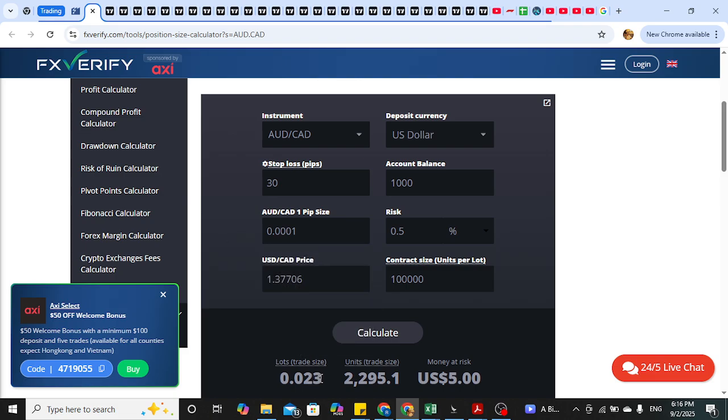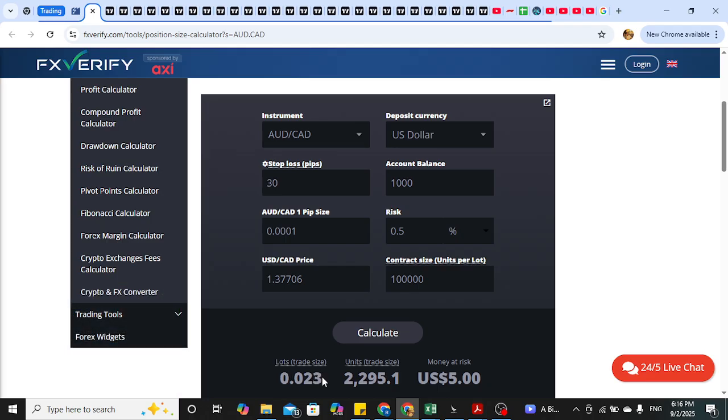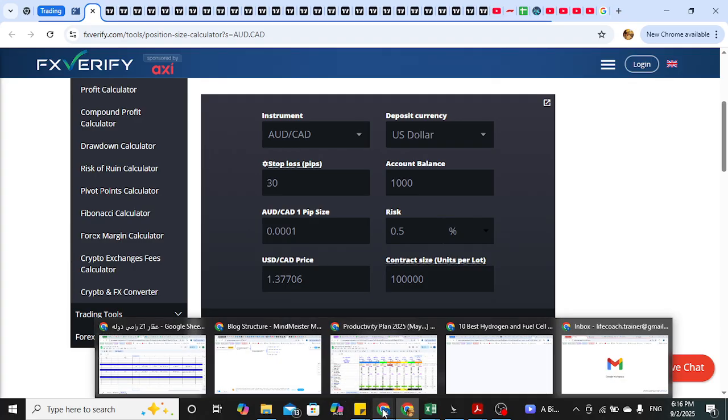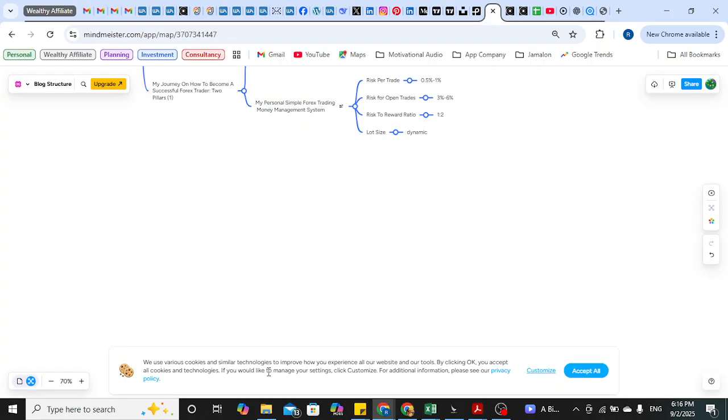Now, as you see, there is 2.3 micros, okay, or 0.023 standard. So those are 2 micros, so 2.3 micros. So 2.3 means that the size can be more than 3. And when I said, here, let me go back and show you the diagram again.